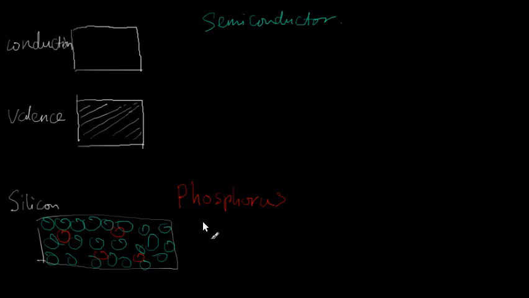So it's like an impurity, right? Phosphorus impurity. In fact, that's how it is often described. You add a little bit of this phosphorus impurity into a piece of very pure silicon. And the effect of this is that phosphorus would introduce some electrons into the conduction band.